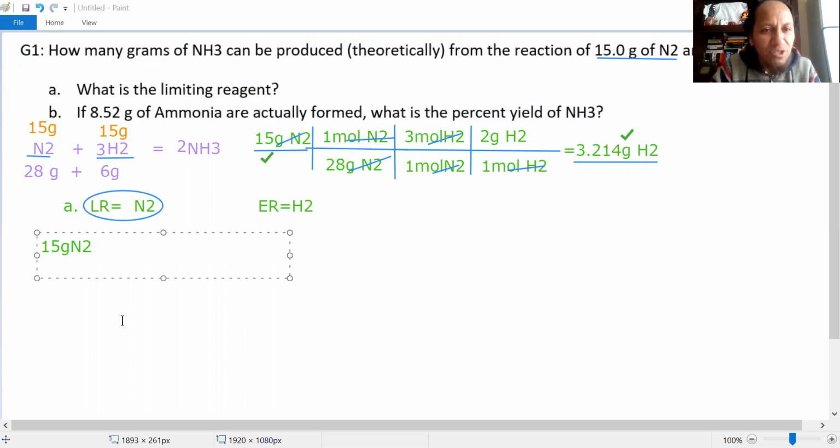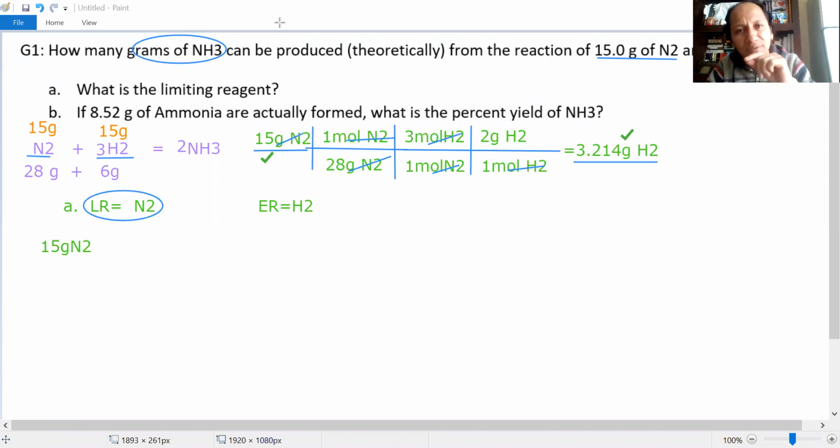15 grams of nitrogen, and you open the conversion factor because I'm looking for ammonia. I am still in the part above, question A, because it says how many grams of ammonia. So they're looking for this, grams of ammonia. So let's transform the limiting reactant to grams of ammonia by using the reaction.